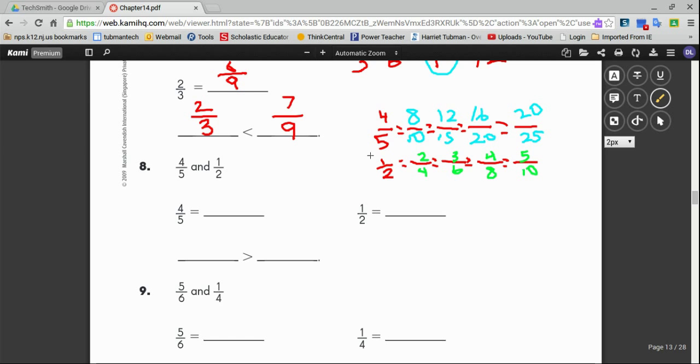Alright, and then when I'm looking at this, I can see that 8/10 and 5/10 are like fractions because they have both 10 at the bottom.